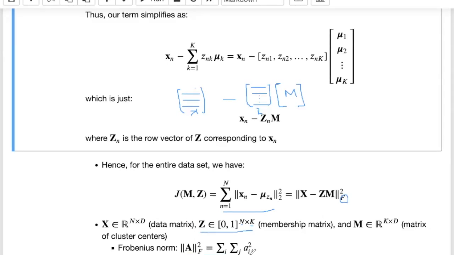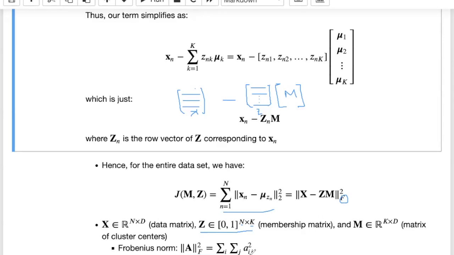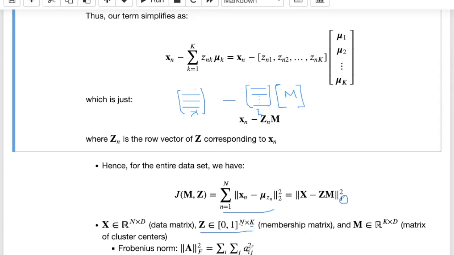If you're not familiar with the Frobenius norm, it is very similar to the Euclidean norm for vectors, but here we are going to find the sum of the squares of all elements of a matrix, right? So the Frobenius norm for a matrix is basically an extension of the Euclidean norm for vectors. Therefore we have one summation over rows i, if we have, let's say, a_ij for a matrix A, summation over j, and then we square all these elements and add them together. That's the Frobenius norm.